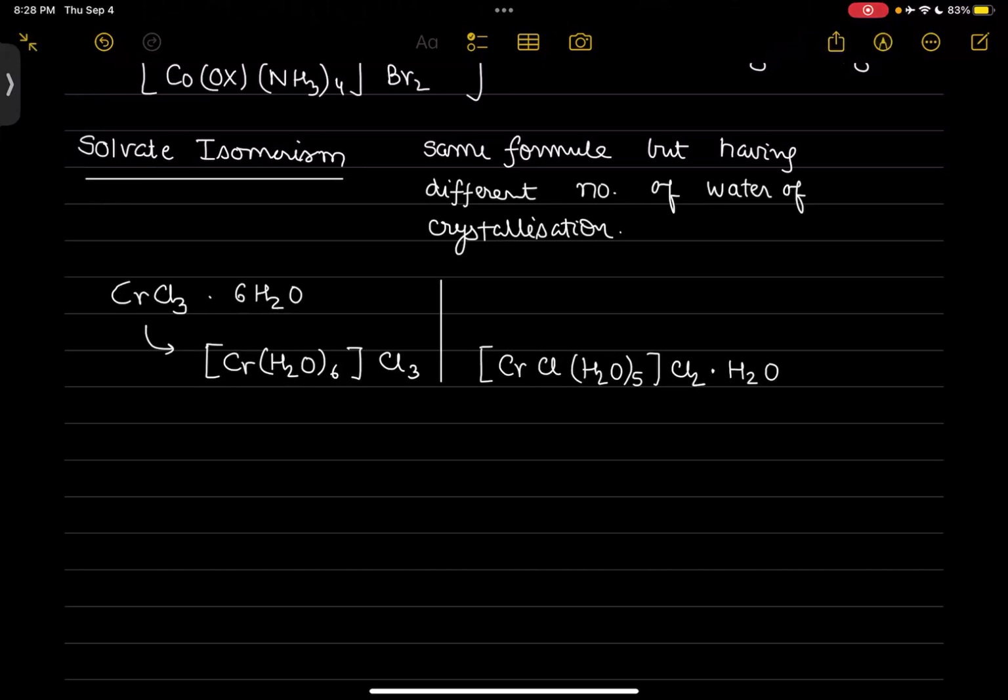If it is a water molecule coming out, that is called hydrate isomer. It has the same formula but different water of crystallization. Is it clear or not?